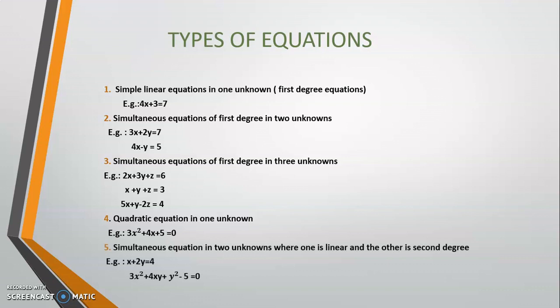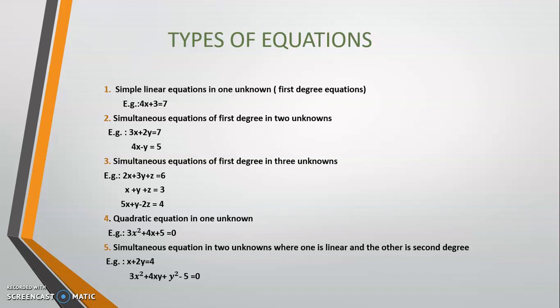And the fifth type is simultaneous equations in two unknowns, where the first one is linear and the second is of second degree. If we consider the example, x + 2y = 4 and 3x² + 4xy + y² - 5 = 0.